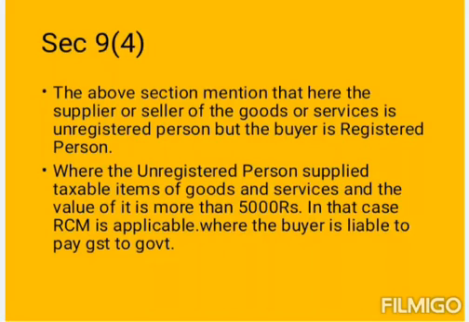So he is taking the responsibility of the seller to pay GST to the government, but in two conditions. The one thing is the buyer should purchase items which are taxable under GST, and one more thing, the bill amount should cross 5,000, then only the buyer is liable to pay GST.